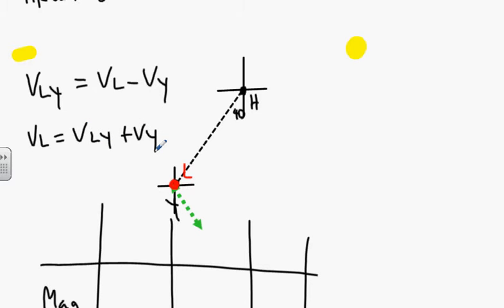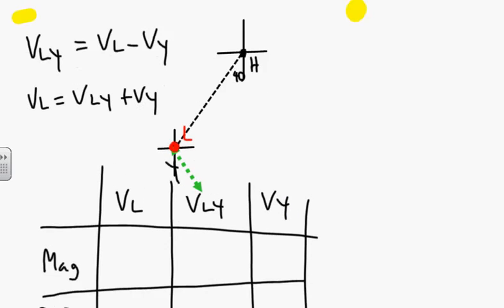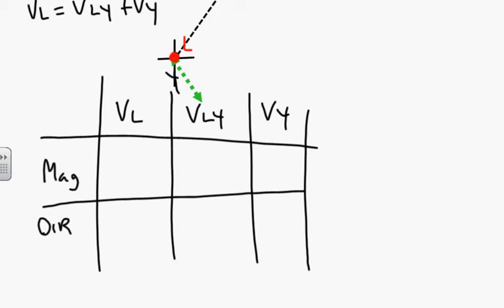I always do the addition law of vectors. Okay, so I have V_L, V_LY, and V_Y. Now, what you can see here is that if I can get 4 out of 6 pieces of information, it's workable. I can just do cosine rules, sine rules, I'm going to get an answer. If I don't, just a 90-degree rule.